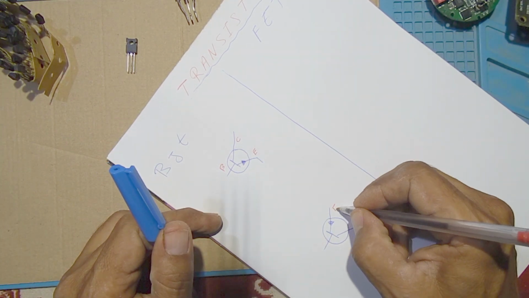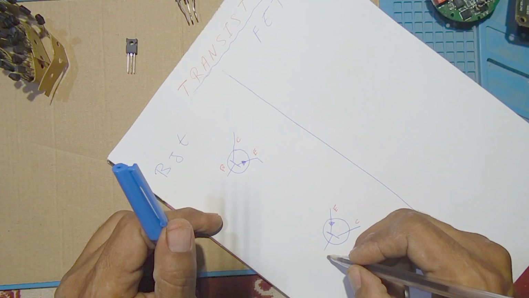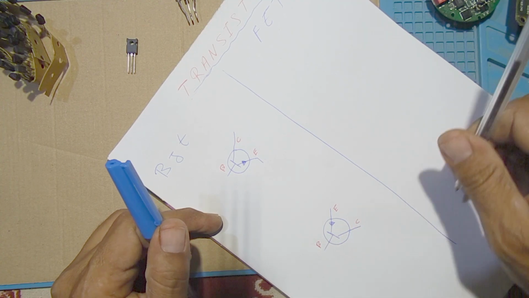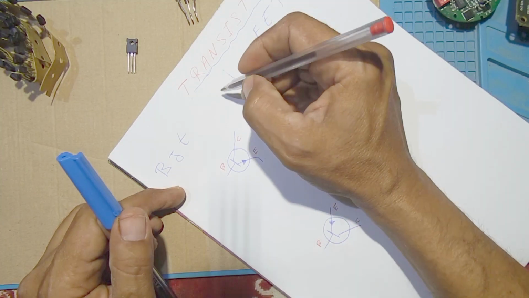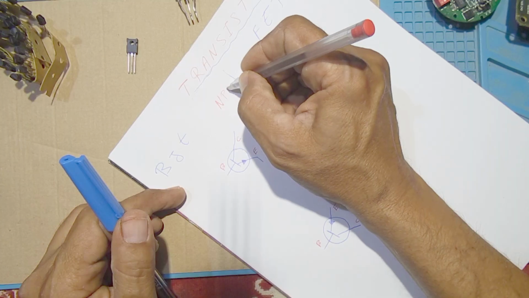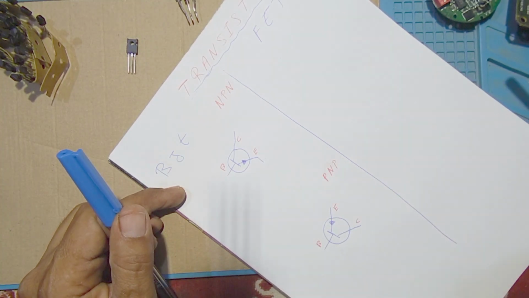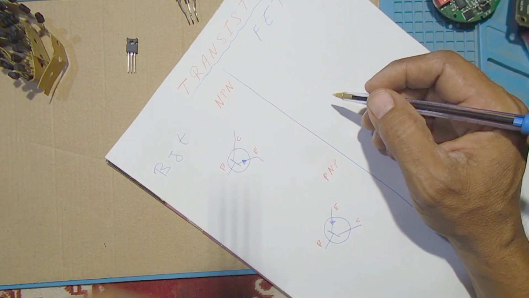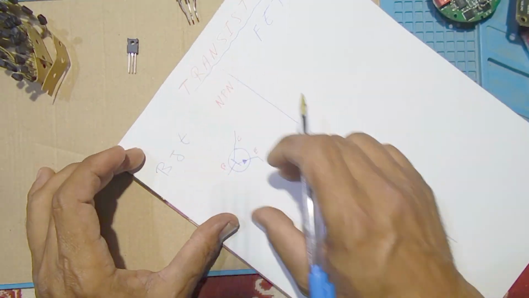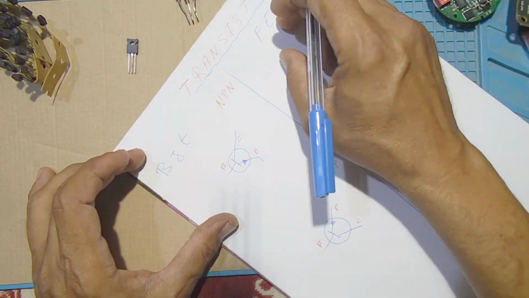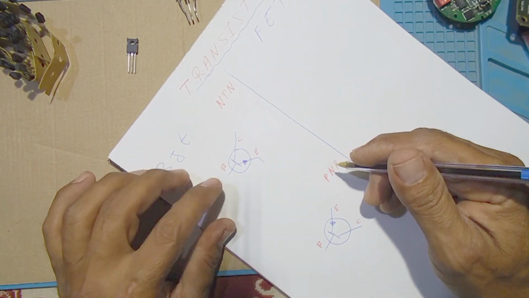And for the PNP, here we have the emitter, here the collector, and here the base. This is the NPN transistor and this is the PNP transistor. So we begin with the BJT and then we talk about the field effect transistor.